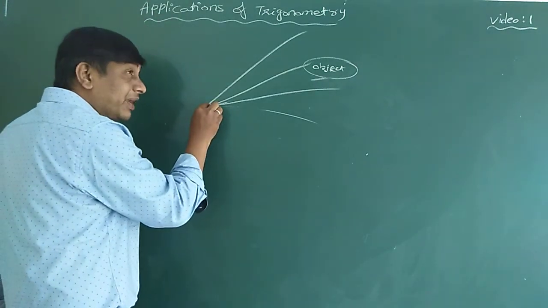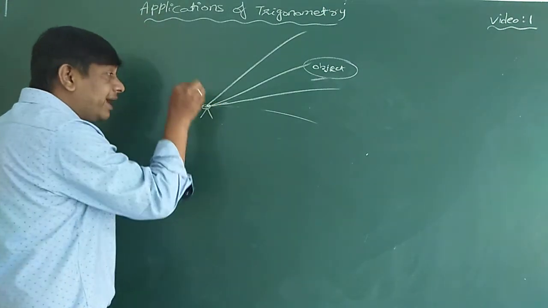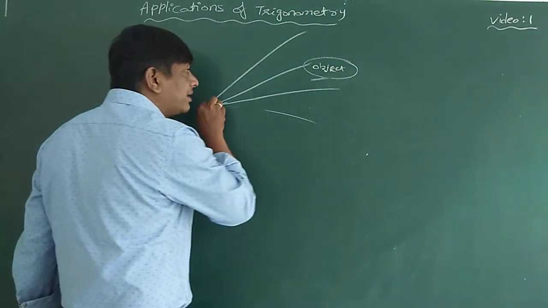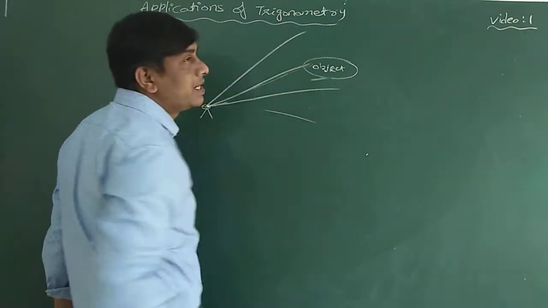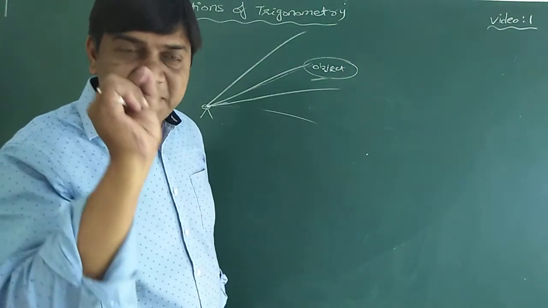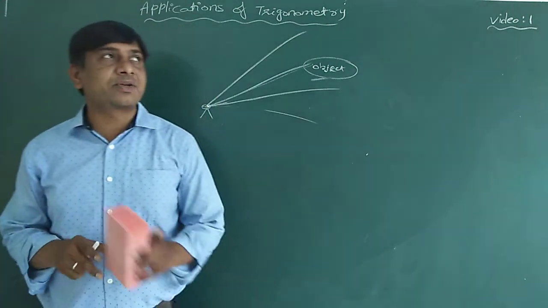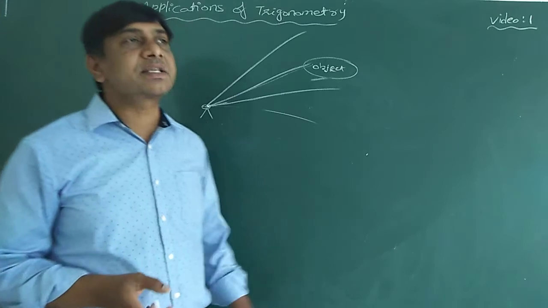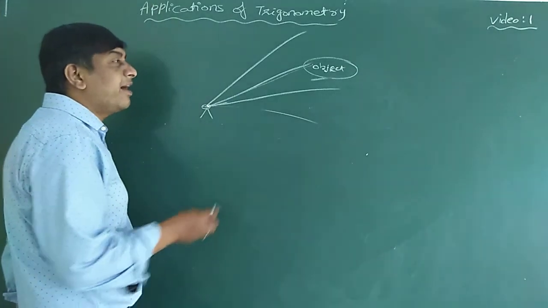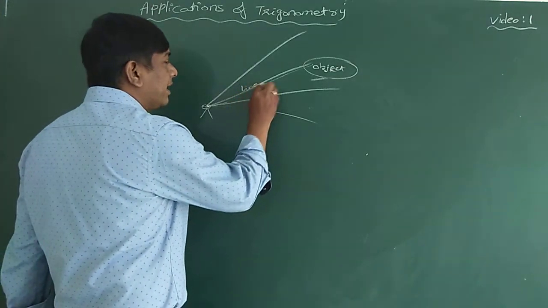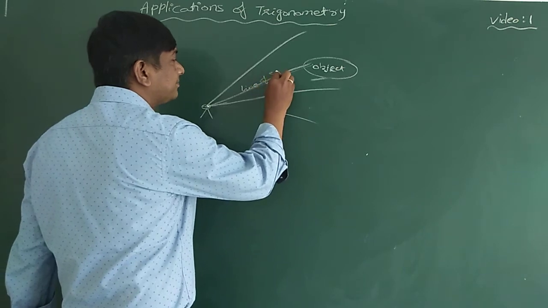The ray which passes from the eye to the object is called the line of sight.